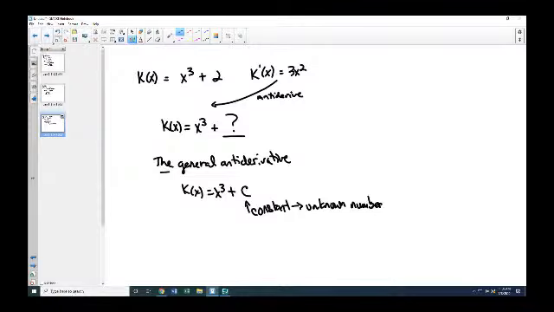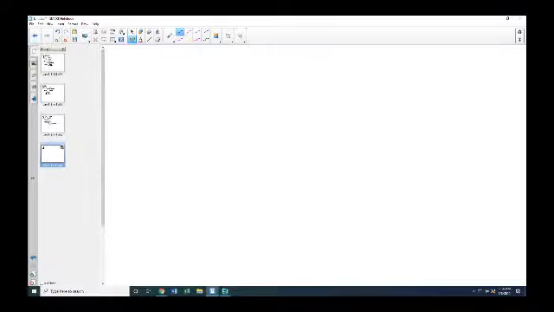So let's just talk about a couple. What if I give you f of x equals secant squared x? The antiderivative is oftentimes noted as a big F of x, because this is not in derivative notation here, so we have to find some way to note it.